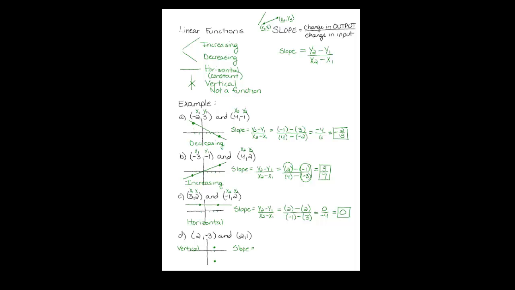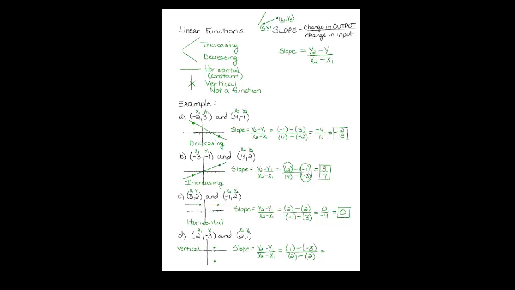Slope is equal to y2 minus y1 divided by x2 minus x1. Plug in the values. This is x1, y1. This is x2, y2. So y2 is 1 minus y1 is negative 3 divided by x2 is 2 minus x1 is 2.